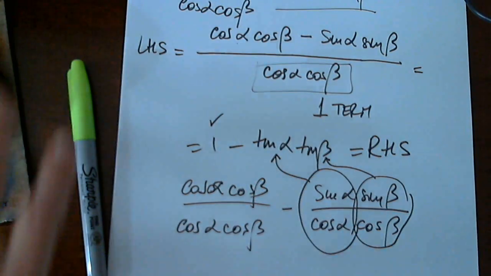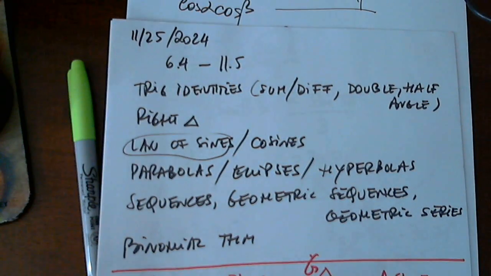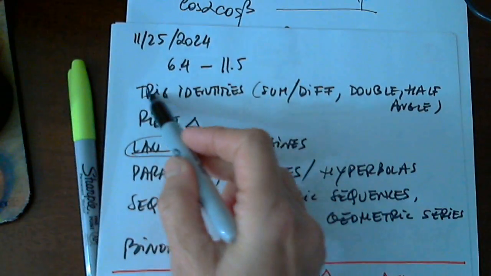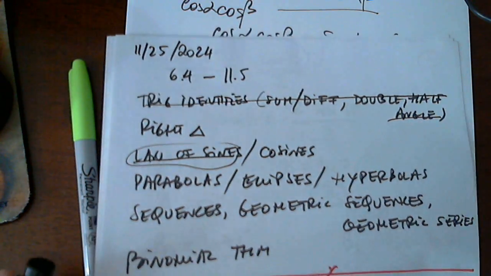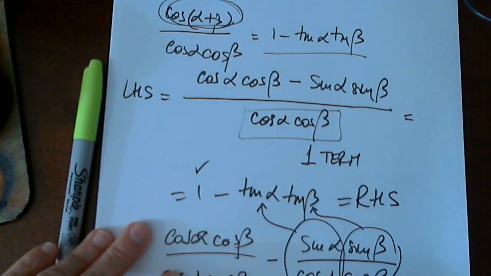Okay, so let's choose establish the identity or prove the identity. Any preference? Okay, I will then. I have no idea what to choose. I think we did 56 if I remember correctly.